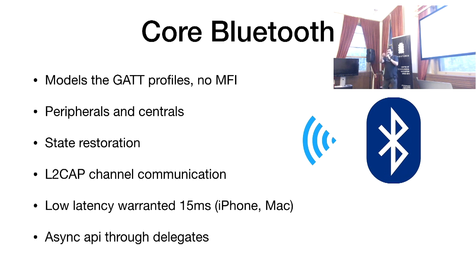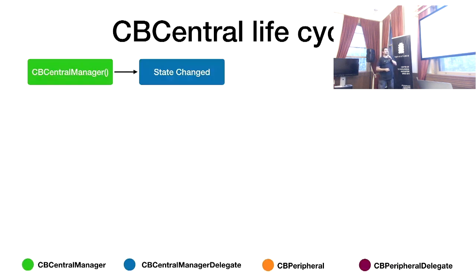The way the whole communication is implemented is through delegates and async APIs. So you do a call, you assign a delegate, and then you get a callback on the delegate. So to get a little bit more into detail, my green boxes are the CBCentralManagers. So for example, you have your mobile phone, you want to read heartbeats, right?